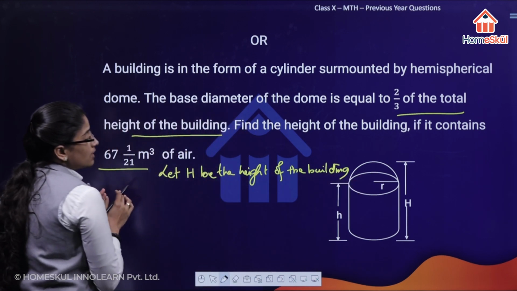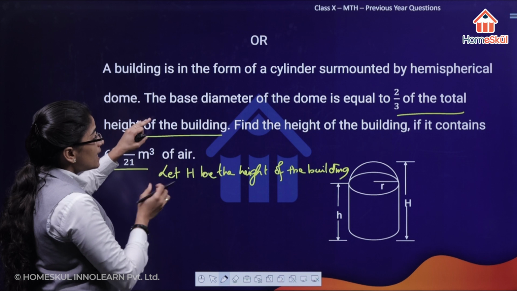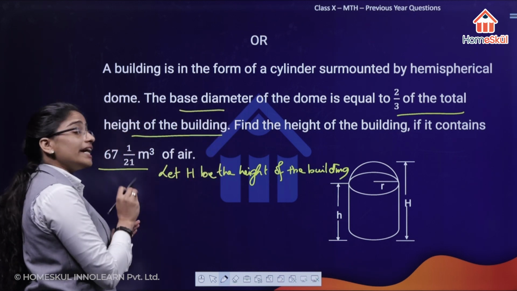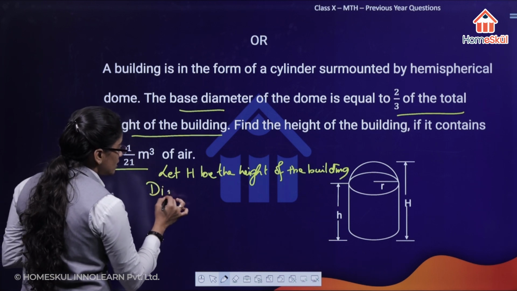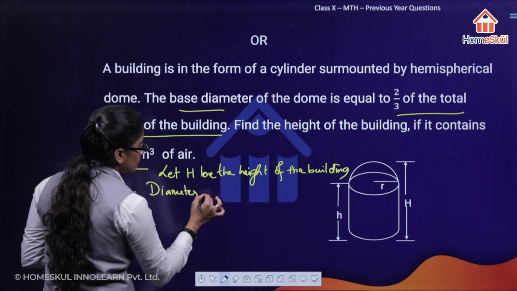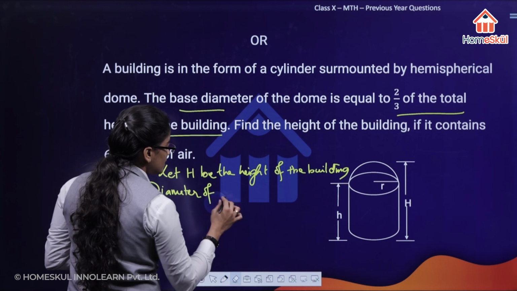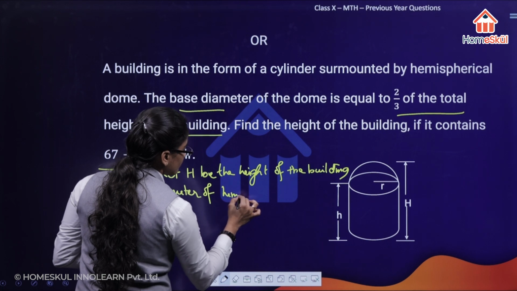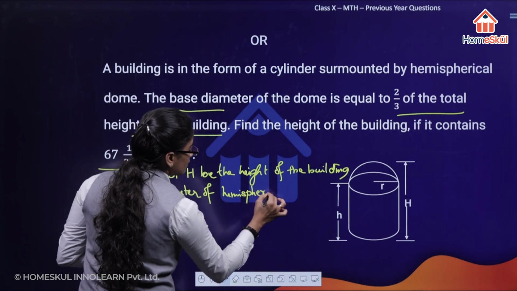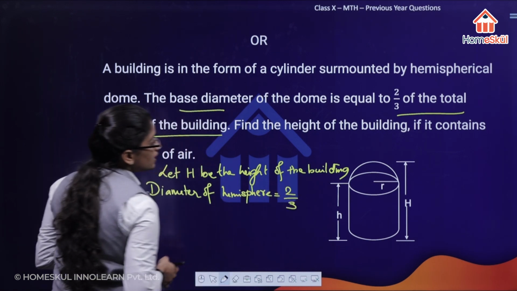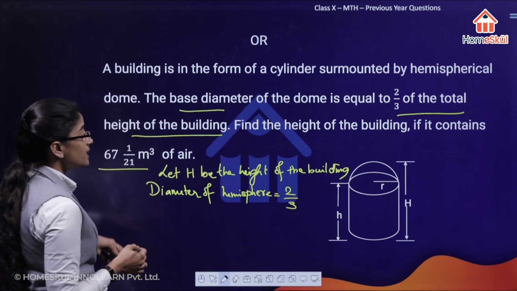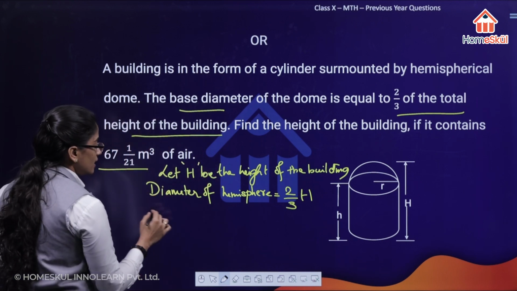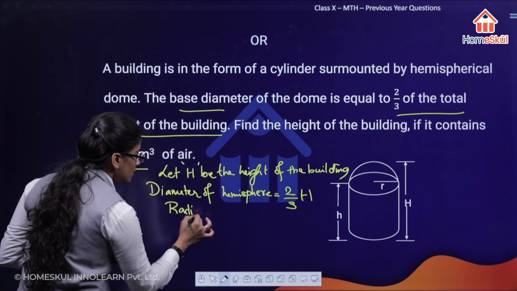Then it is given that the base diameter of the dome is equal to 2/3 the total height of the building. Okay, so the diameter of the dome or hemisphere is equal to 2/3 the total height of the building. What is the total height of the building? We have taken it as capital H, right? Then what will be the radius of it?